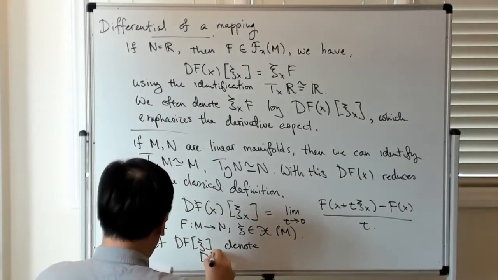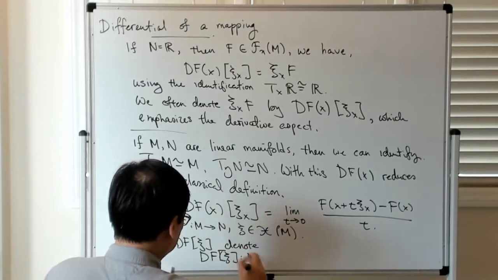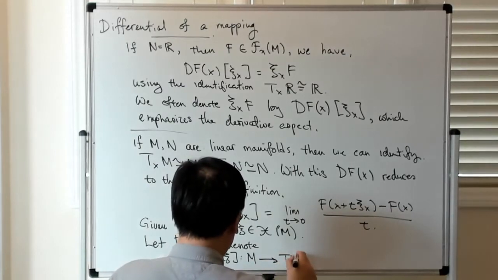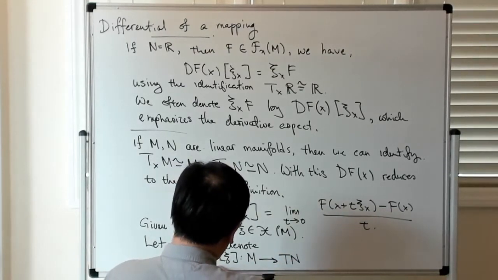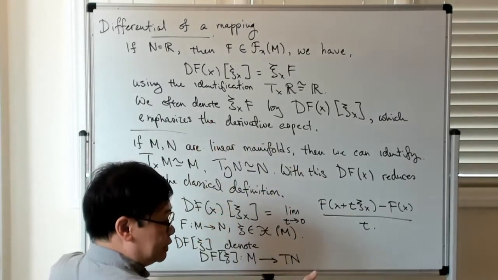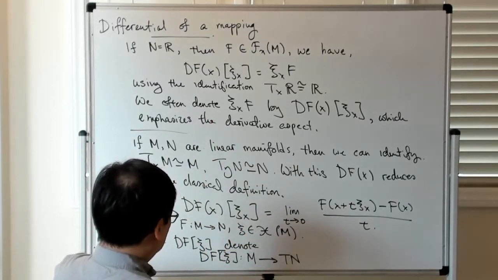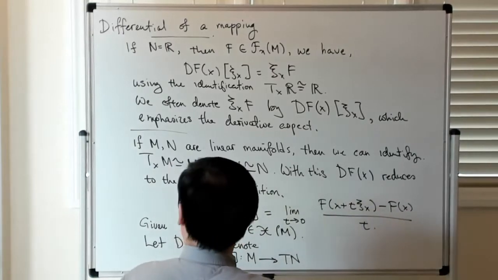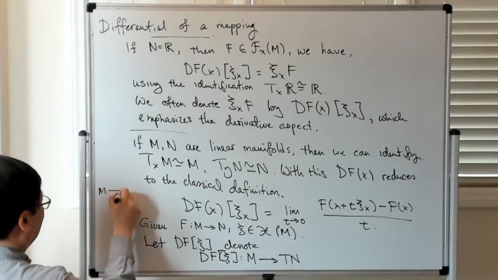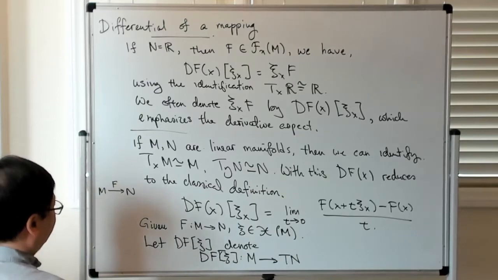So df of X is a map from the manifold now to TN. Essentially, the differential maps tangent spaces to tangent spaces. Now you have a vector field, so let's draw it over here. You have M mapped to N, and this is the map from M to N.